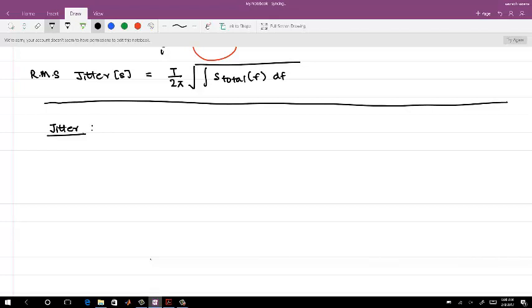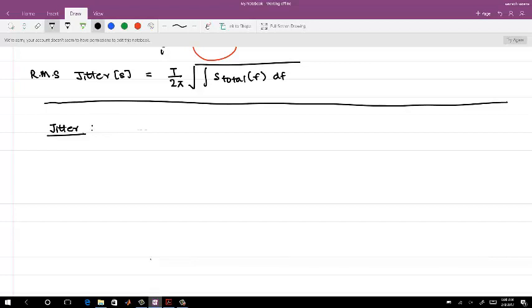In a very crude, rough sense, if I do not specify what kind of jitter I am using, yesterday I used period jitter and long-term absolute jitter. If I do not say any such thing, jitter is just a measurement. It's not that you measure different kinds of jitter.